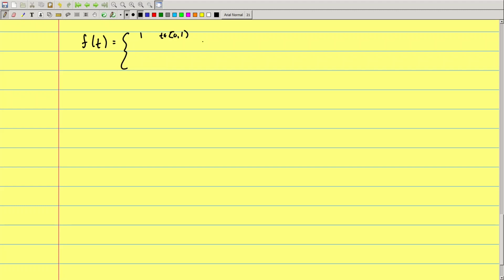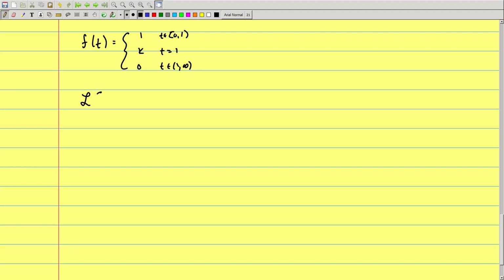It's 1 up to 1, k, and k is some value that in the picture is between 0 and 1, but theoretically it could be any real number. And from 1 to positive infinity, the function is equal to 0.